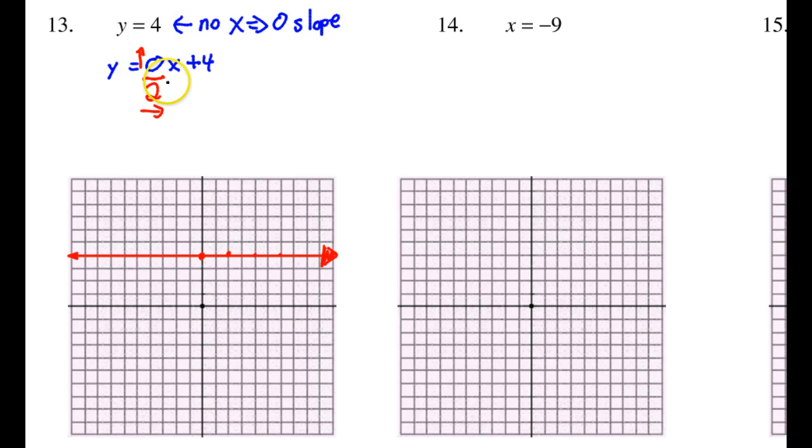One thing about this equation, y equals 4, is that if you take any coordinate, negative 5, comma, 4, and so on, this is x and this is y.